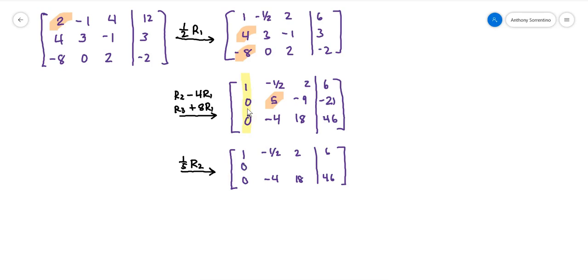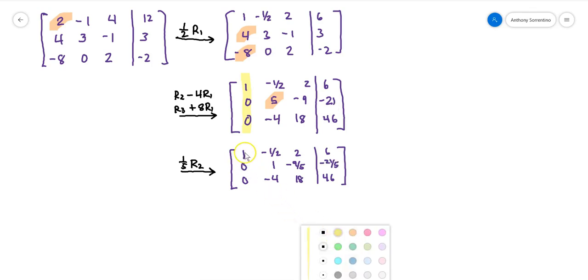So that nothing happens there. 5 divided by 5 is going to give me the 1 I wanted. That's what I wanted there. Negative 9 divided by 5, I'm just going to write it as negative 9/5. And negative 21 divided by 5 is going to be a negative 21/5.